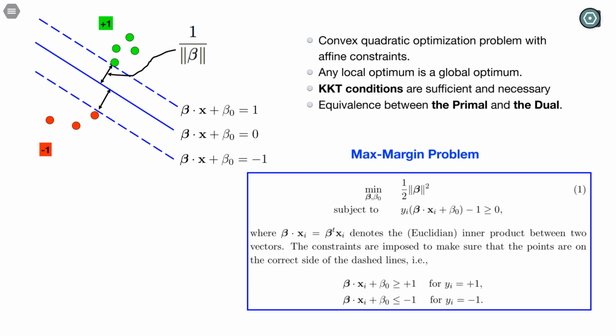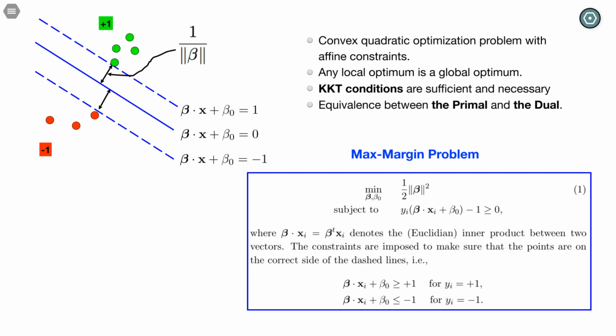Let me make some comments about this problem. This is a convex optimization problem, because we try to optimize a convex function over a convex region. In particular, the objective function is a quadratic function, and the constraints are linear, or affine, constraints. Because it's a convex optimization problem, we don't need to worry about local minima.